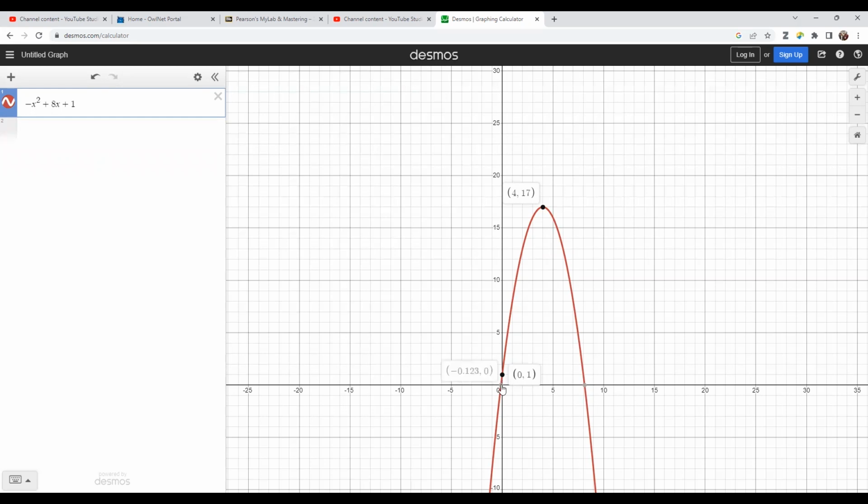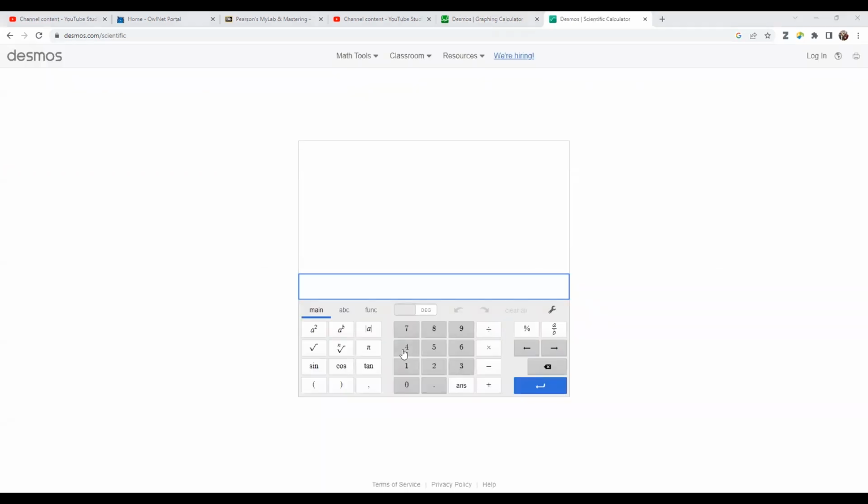We touch the x-axis, it looks like, at -0.123 and 8.123. Now let's see if that is the same as the 4 plus root 17 and 4 minus root 17. Right, so we have 4 plus root 17. That's 8.123.